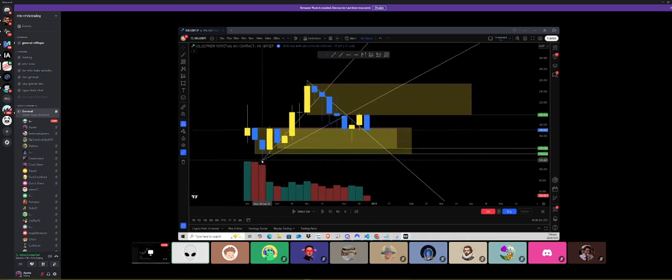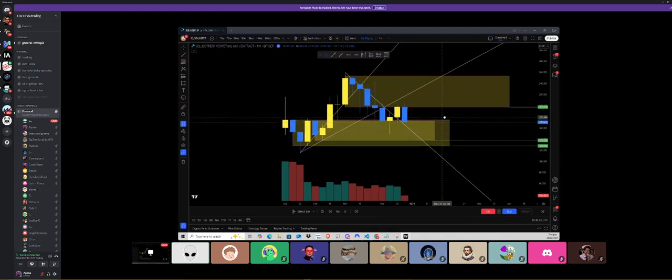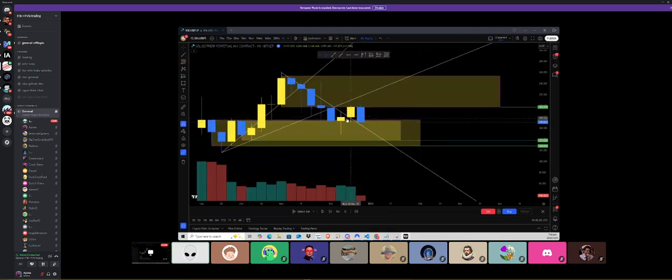On the downside, it's distribution to distribution. The only time you can array or move a trend is when the appropriate type of candle, in this case an accumulation, opens and closes completely free-bodied of the trend. That candle did not alter that.